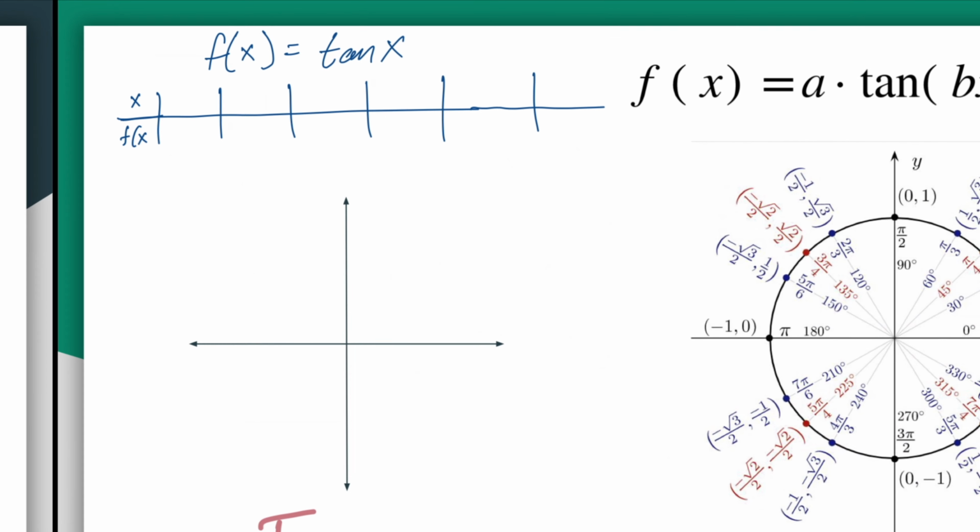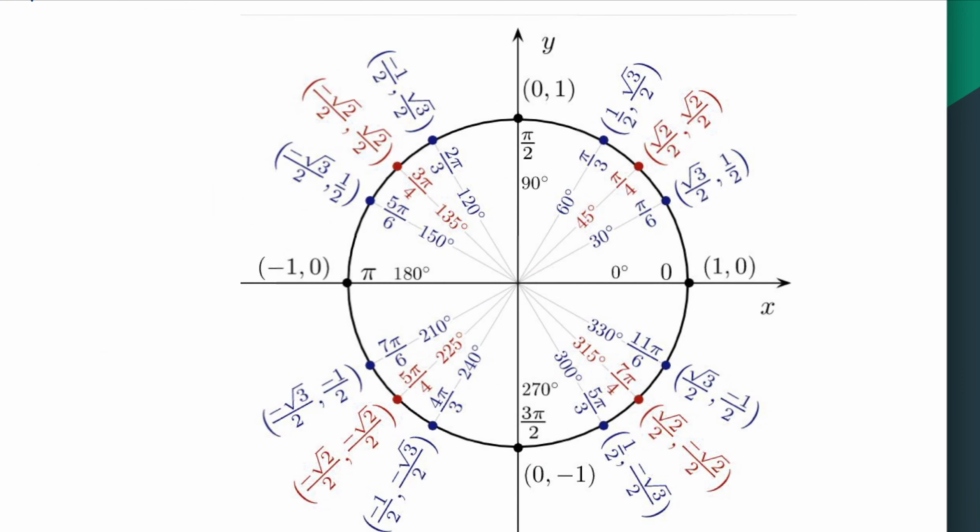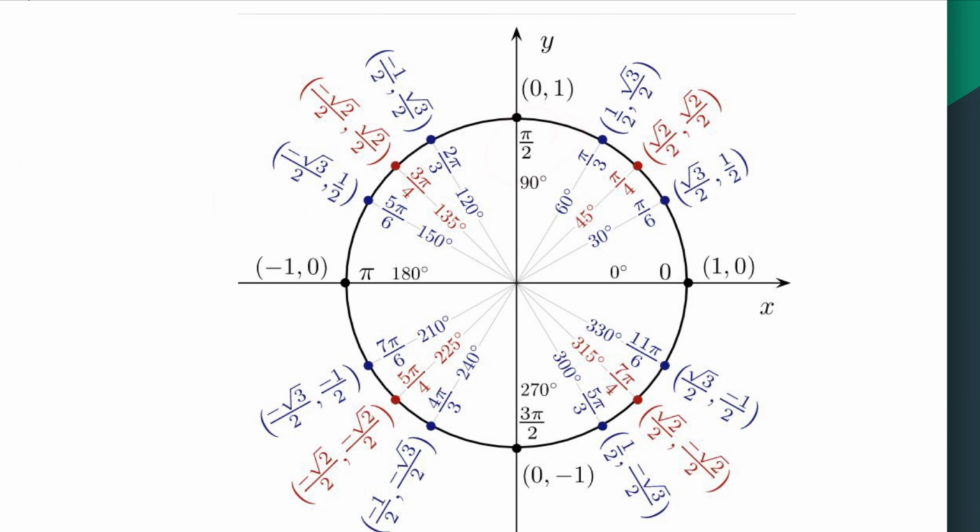I am going to lean us towards a certain set of values. Normally, when you're working with a new function, you go with -2, -1, 0, 1, and 2. So let's put our 0 in the middle here. Obviously, we're not going to use -2 and -1, but we would use the equivalent, which is negative pi over 2, negative pi over 4, pi over 4, and pi over 2.